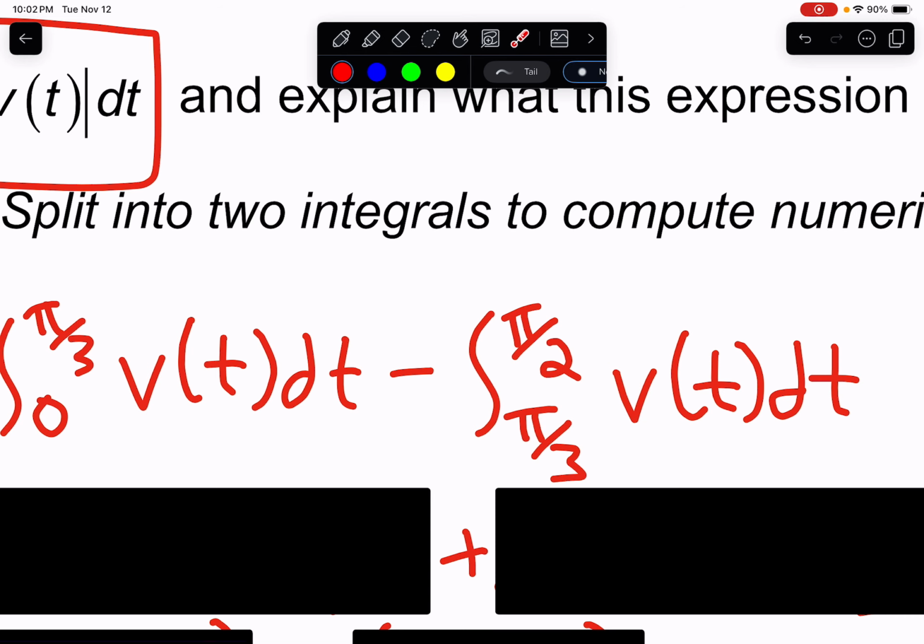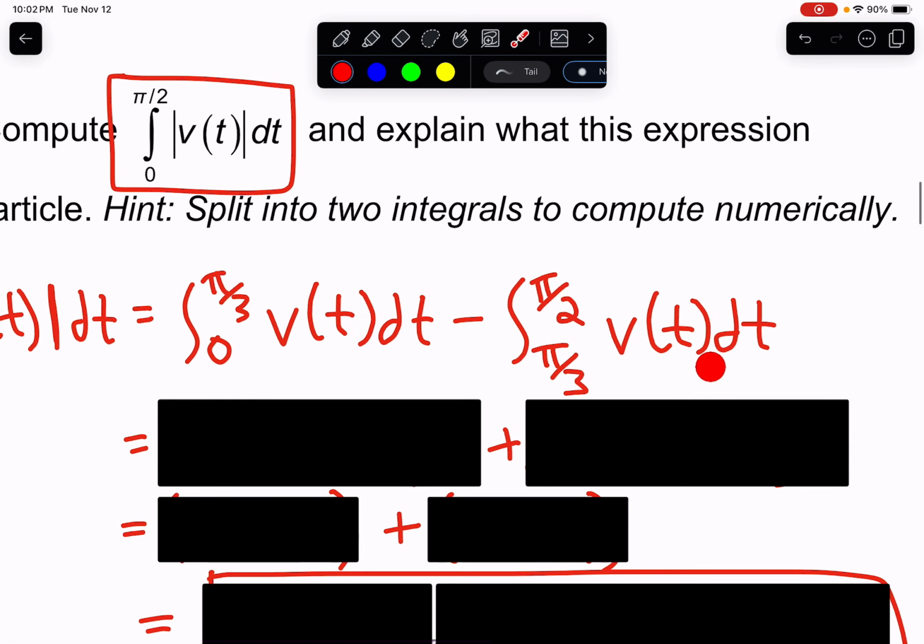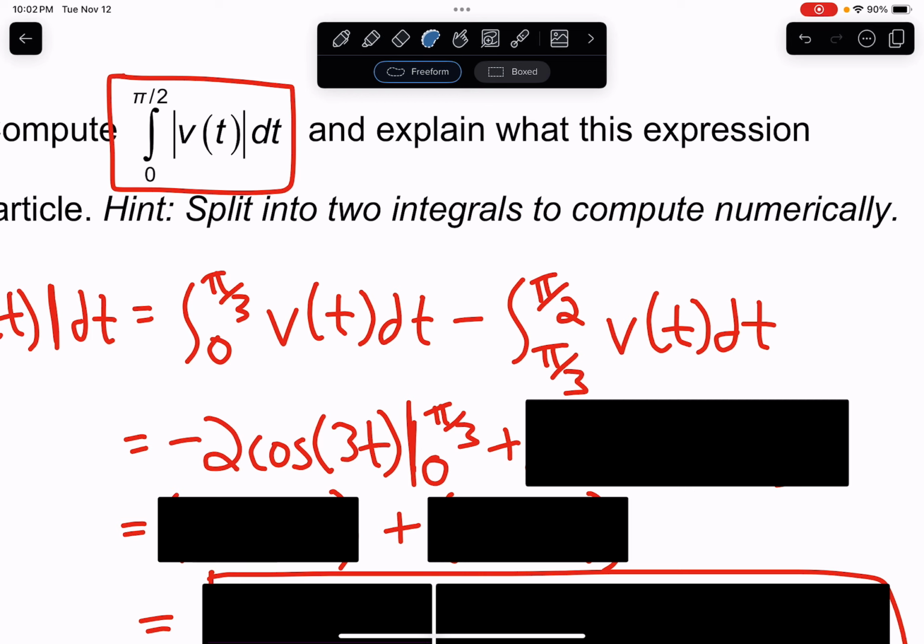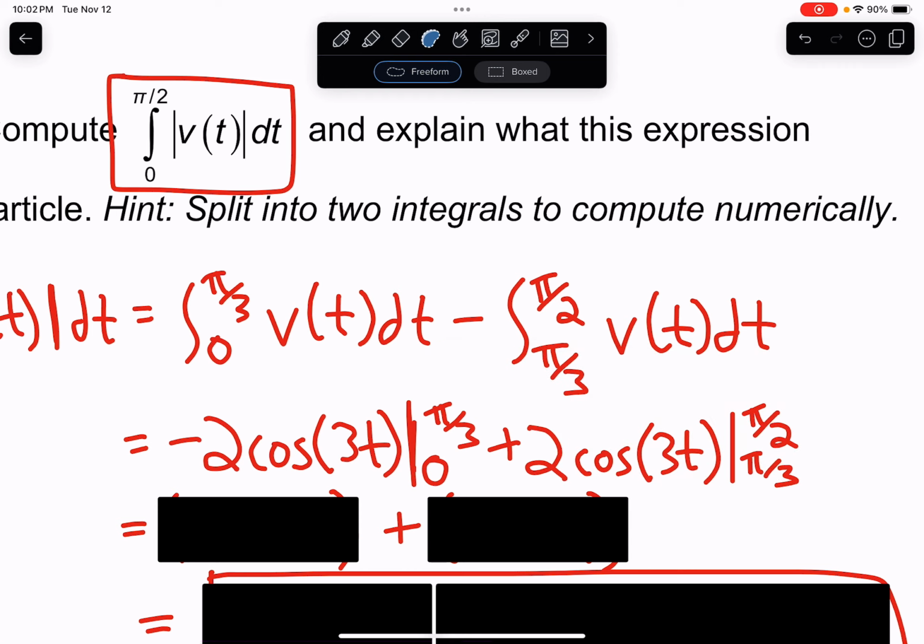Okay, and now the good news for us is calculating this, once we've already done group problem 2, doing all this work is very similar. We already know what the antiderivative is. Go ahead and write negative 2 cosine of 3t. With the second integral, again, I get a double negative situation here, and so that's going to turn into plus 2 cosine of 3t again.